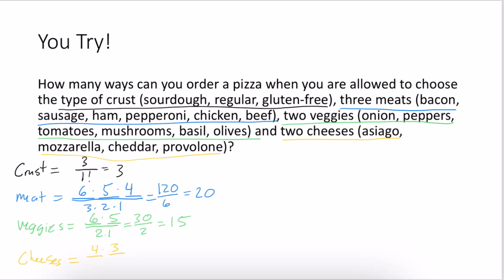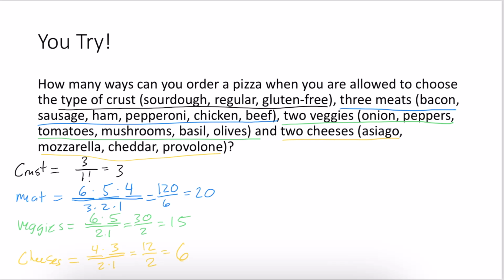And so we're going to divide out the duplicates. And the number of duplicates is 2 times 1. And so that calculation would be 12 divided by 2, because 4 times 3 is 12 and 2 times 1 is 2. And then that gives you the number 6 for the number of cheeses you would have.